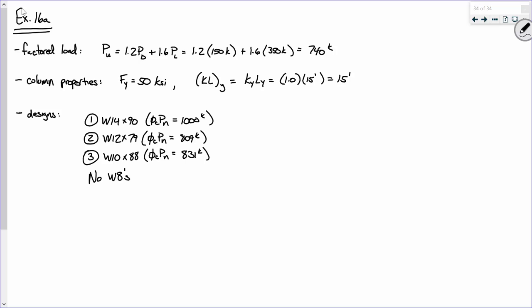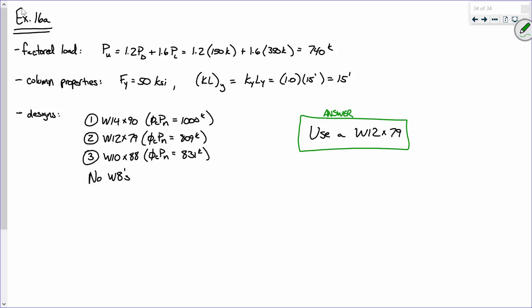Number 2, the W12 by 79. It's the lightest.